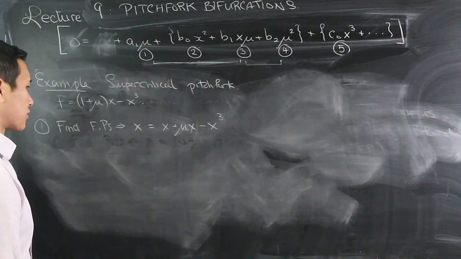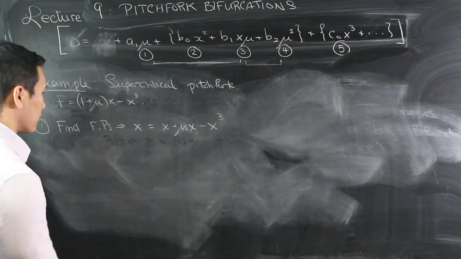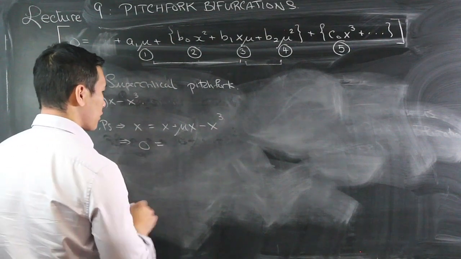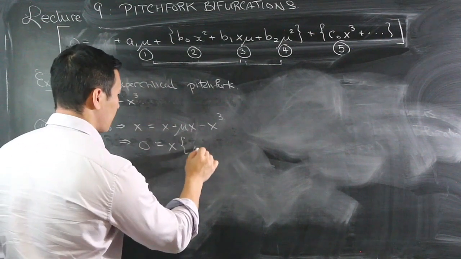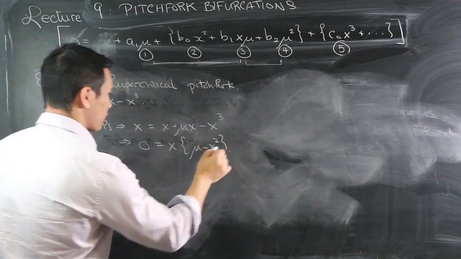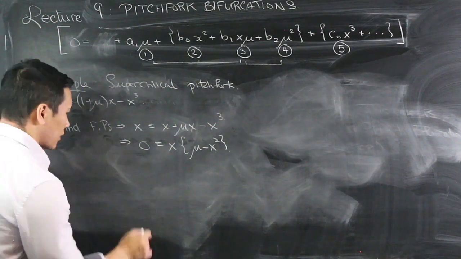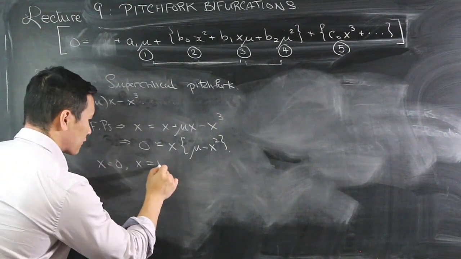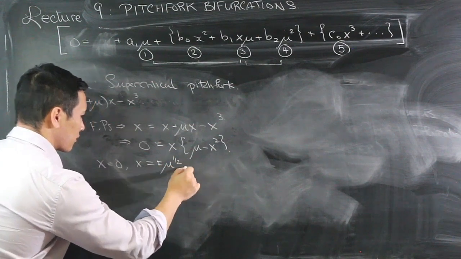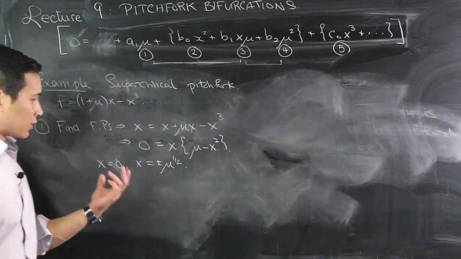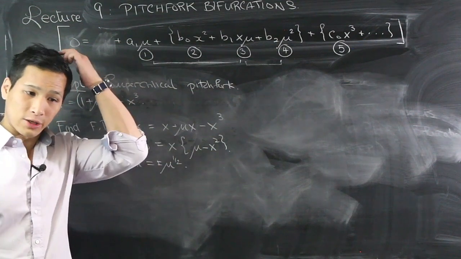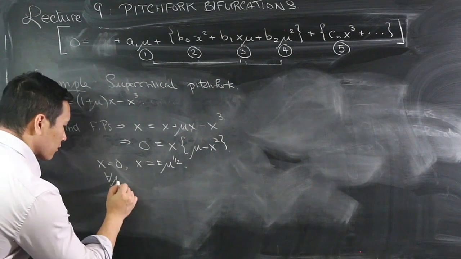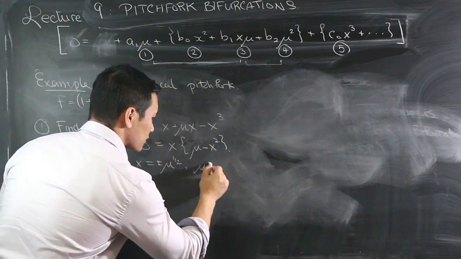We get to cancel our x's from both sides, and this leaves us with 0 equal to x times, in brackets, mu minus x squared. So x equal to 0 is a fixed point, and x equal to plus or minus root mu is a fixed point. As always, when you get your fixed points, make sure that you state the region in which you have them. So this is for all mu, and this one's for mu greater than 0.